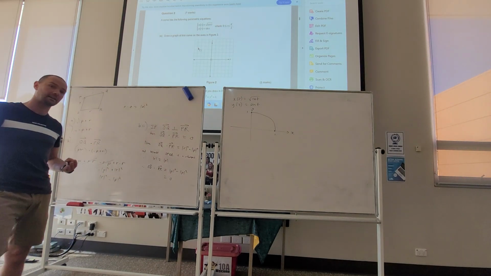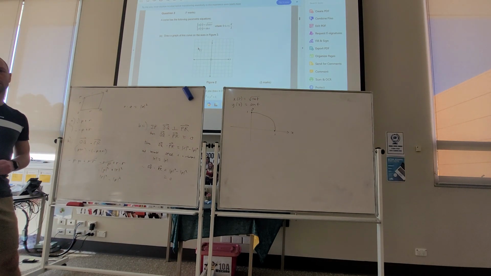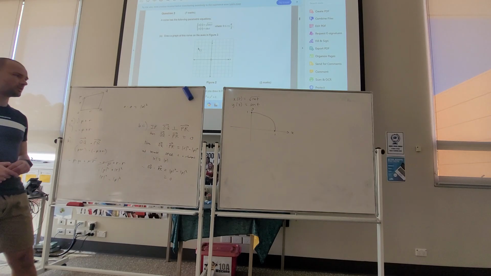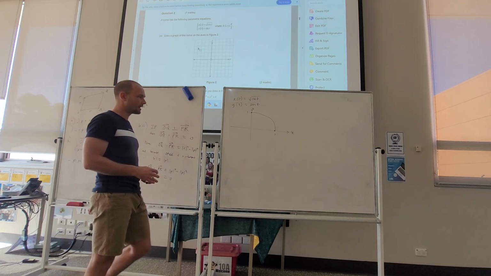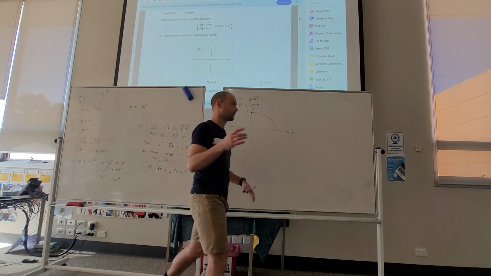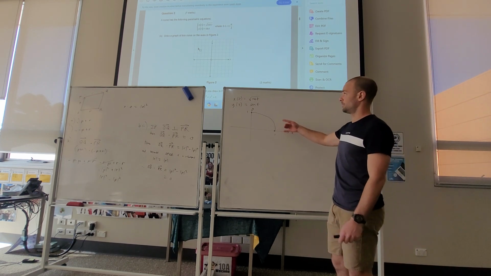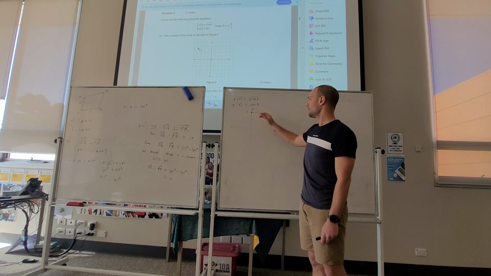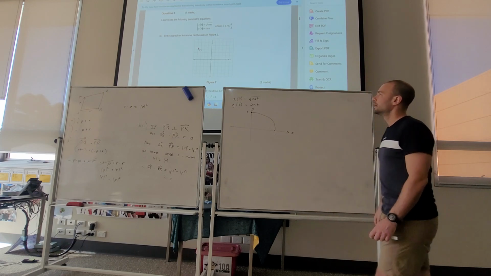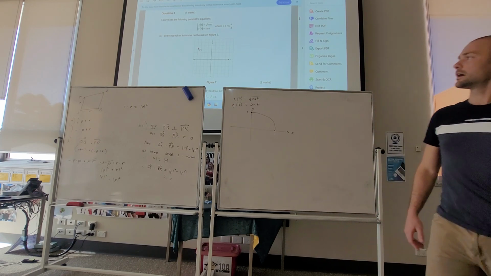Probably 90% of the time when you're asked to draw a graph, you'll be provided with an axis with the numbers on it, and it's just up to you to draw on the axis. Because we don't have the numbers here, we're expected to put them on. So we need the numbers and the correct shape, and that'll get us the 3 marks.